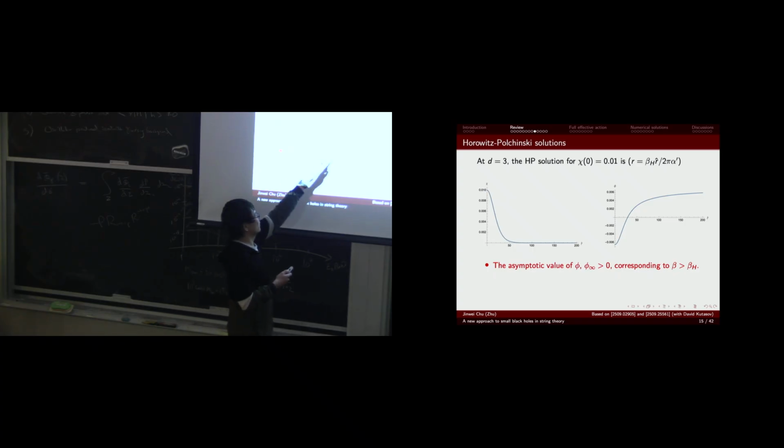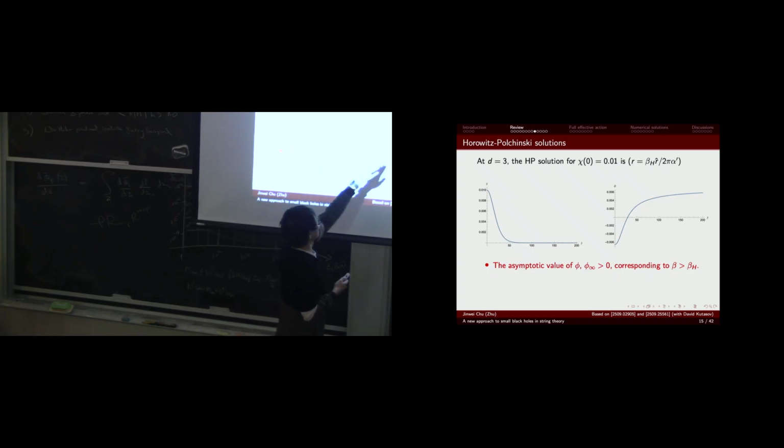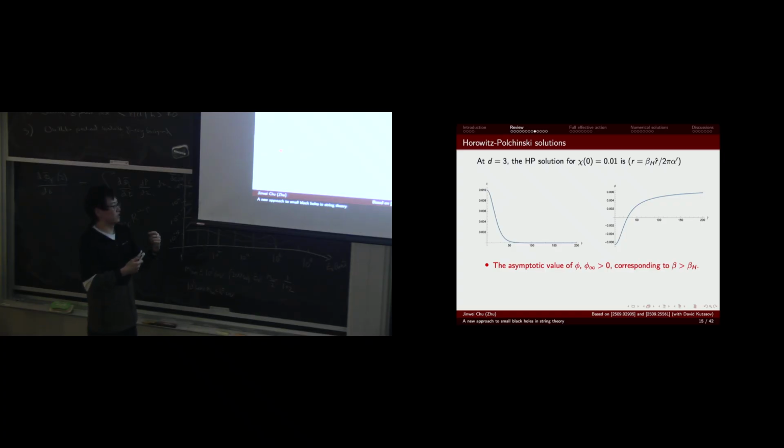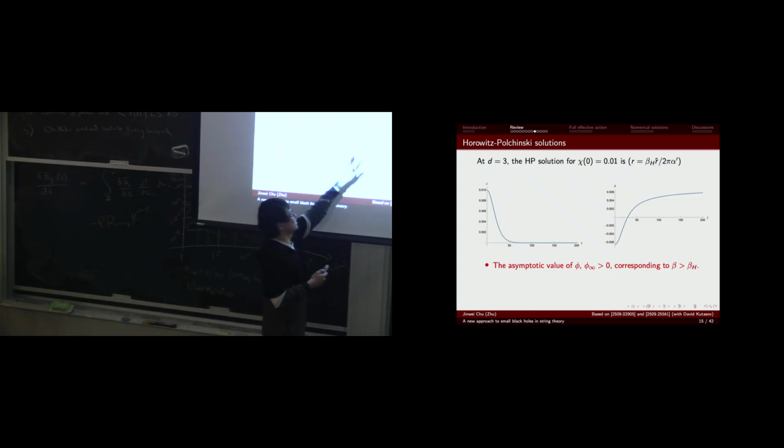And from this plot, you can see the asymptotic value of phi, which we denote phi infinity. By the way, this phi infinity is basically the deviation of the temperature away from Hagedorn temperature. It will be a very important parameter for the solution. So this solution has phi infinity positive. It means that the solution is at a beta larger than beta h.